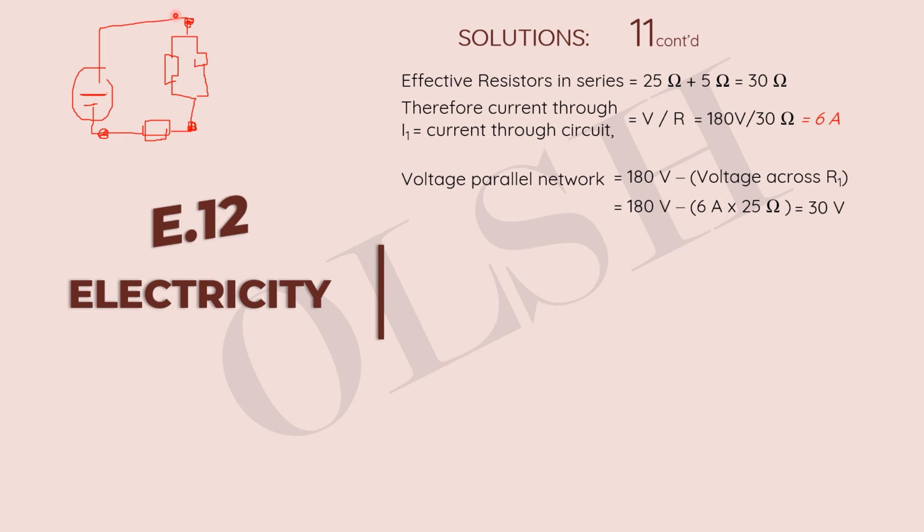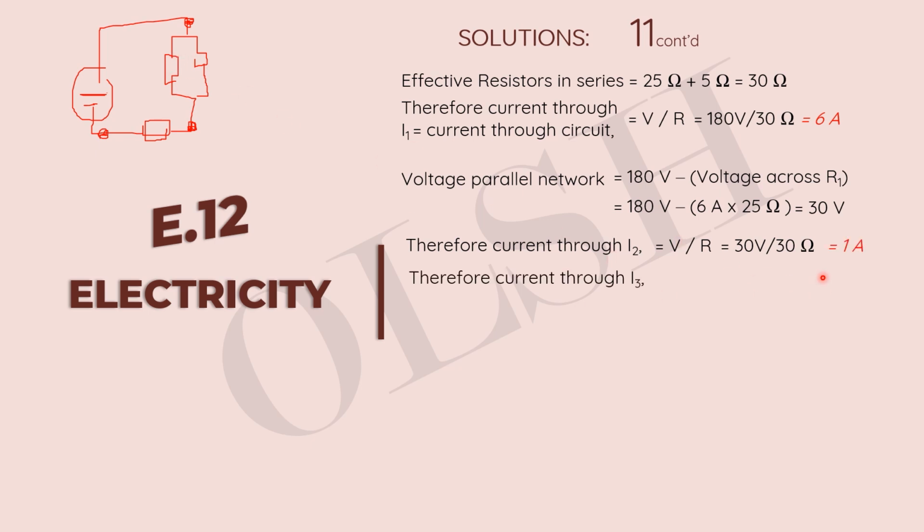Having gotten the voltage across this network, we can now use their individual resistances to get the current flowing through each of them, because the voltage across this network is the same as the voltage across each of these resistors, since they are both connected at both ends to those nodes. So current through I2 will be V over R, which is the voltage across the network divided by the resistance, 30 ohms, so that will give us 1 amp.